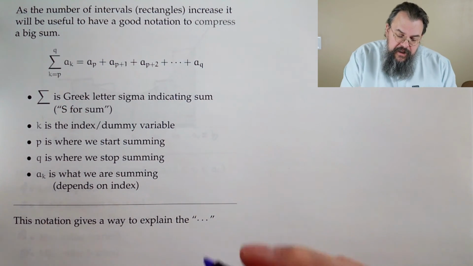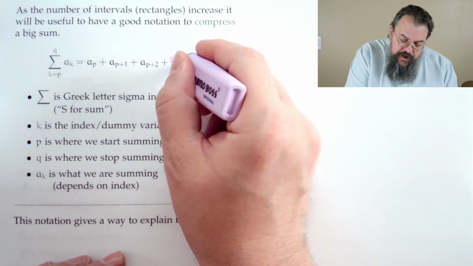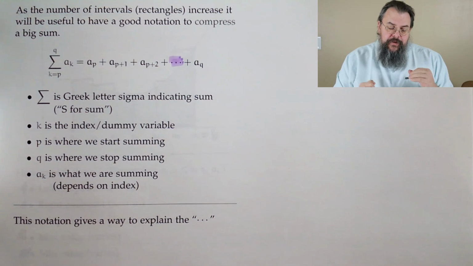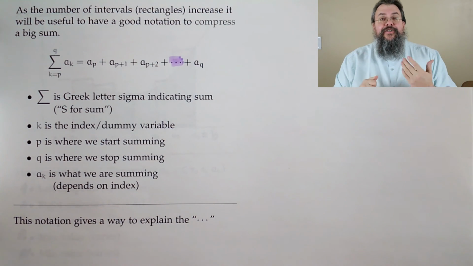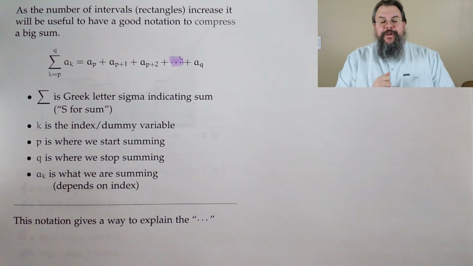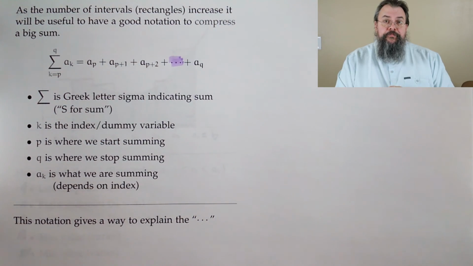It says, hey, we'd like to have a nice way to talk about the dot dot dot. And whenever you see the dot dot dot, it's shorthand for, and the pattern continues. So we'd like to write down that pattern in a nice form.